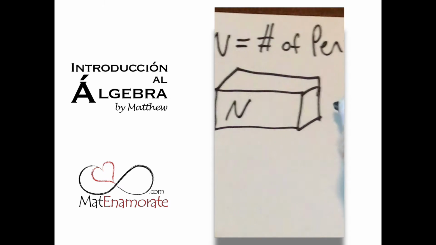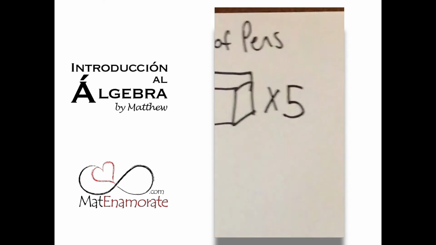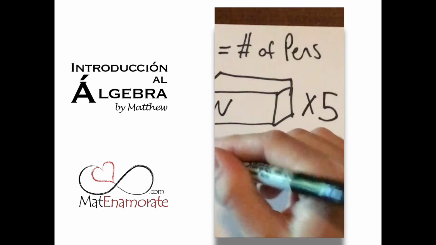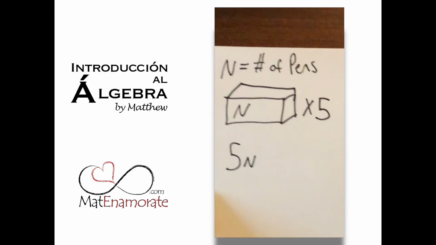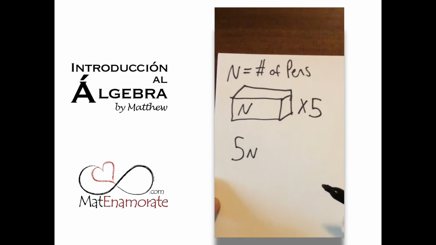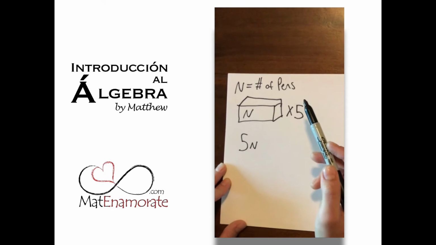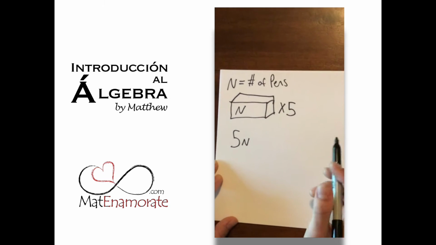If you have 5 boxes, this would leave you with a value of 5n, because basically what we're doing is taking the number of pens and multiplying that by the number of boxes we have.